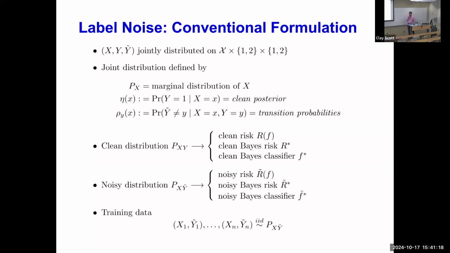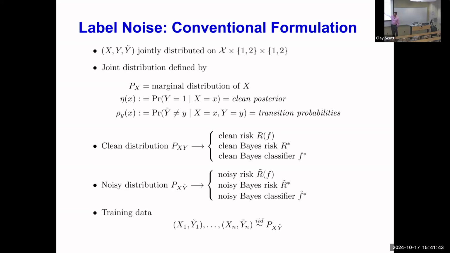And so now in label noise, we observe data from this joint distribution of X and Y tilde. And this is what the learner has access to. So with this information, using a standard learning algorithm, we would minimize the noisy risk, but what we'd really like to minimize is the clean risk, right?